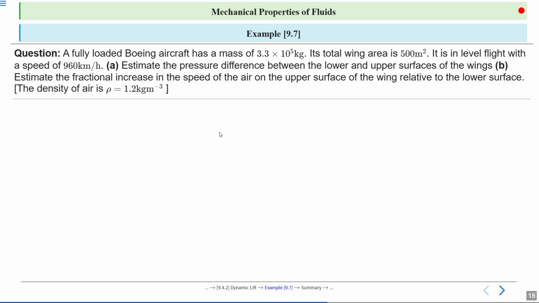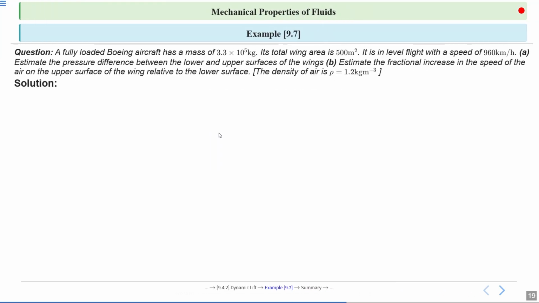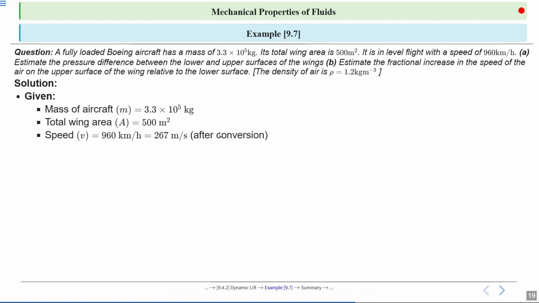Alright, let's see the solution. So let's start by listing all the information given in the problem. Mass of aircraft m = 3.3 × 10^5 kg. Total wing area A = 500 m². Speed v = 960 km per hour.